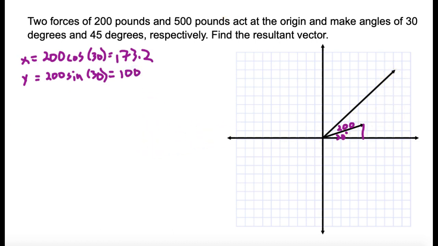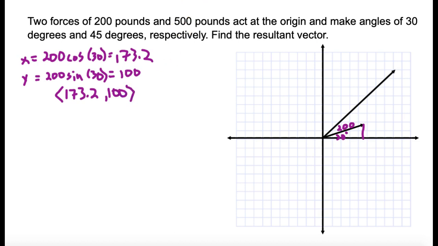Then we can do the same thing with the other vector. Right? So I guess first we could write this purple vector in its component form, 173.2, 100.